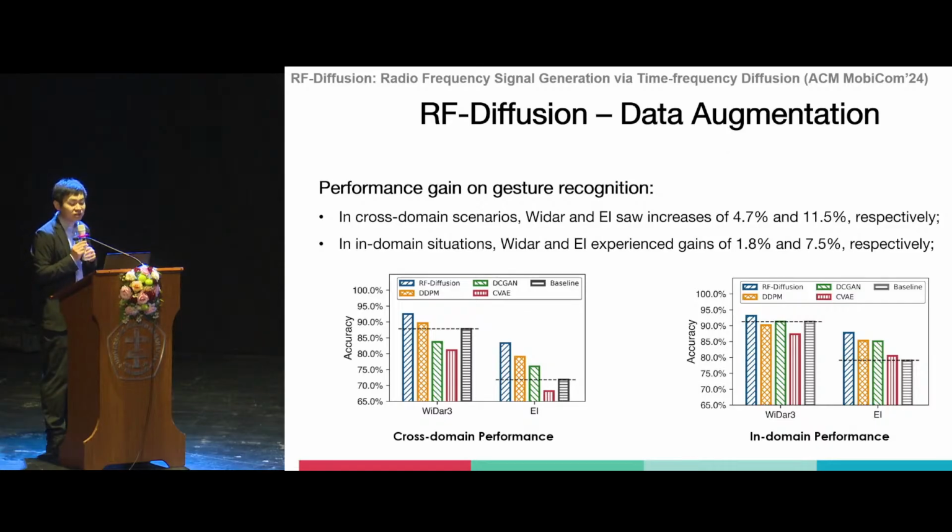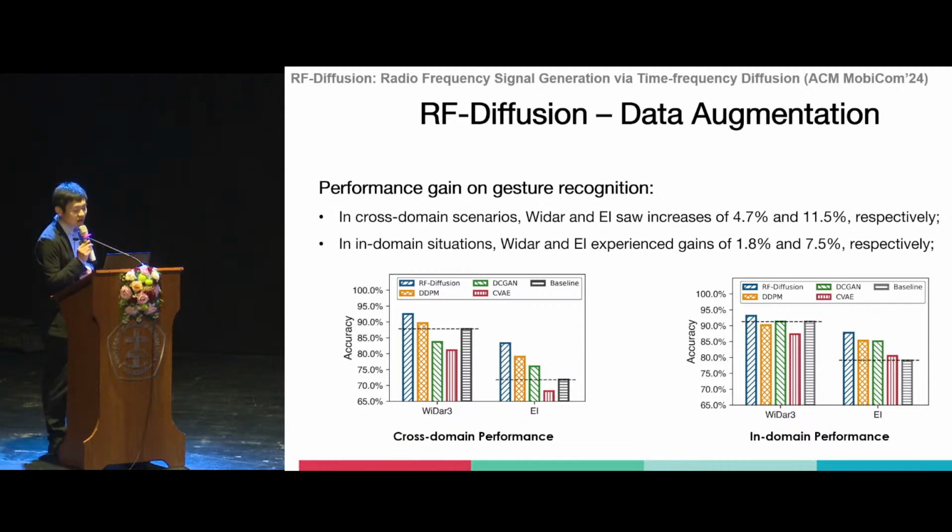Okay, we run the experiment on two Wi-Fi gesture recognition systems, VIDAR and EI. In cross-domain settings, the accuracy of VIDAR and EI increased by 4.7% and 11.5% respectively. In the same domain settings, the accuracy also improves.